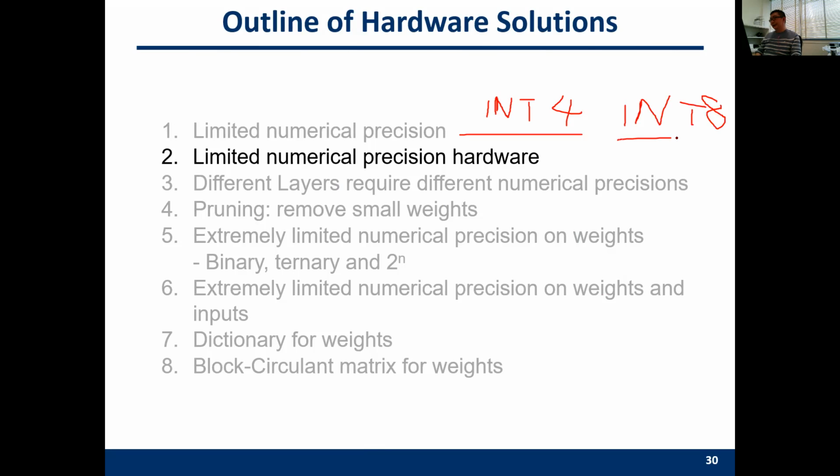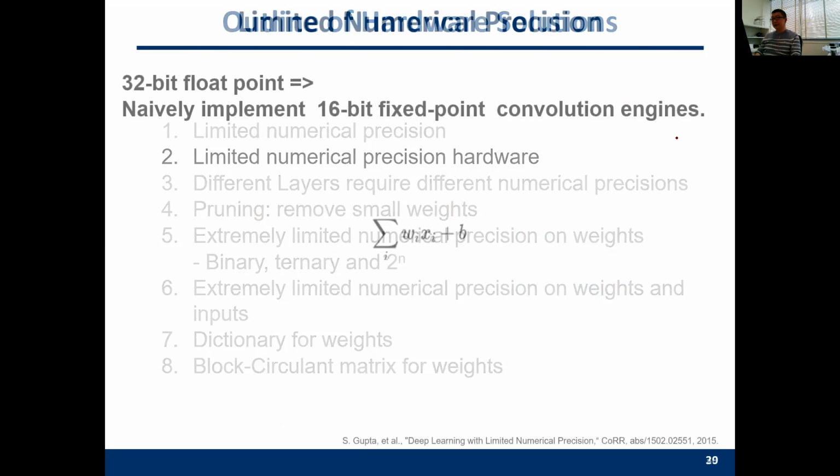So you can do integer 4 or integer 8 multiplication in those hardware to train your neural network or do the inference.